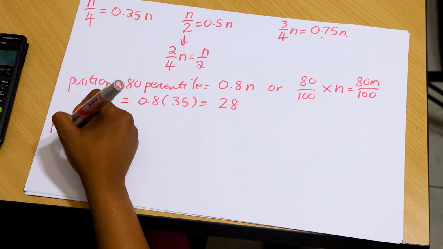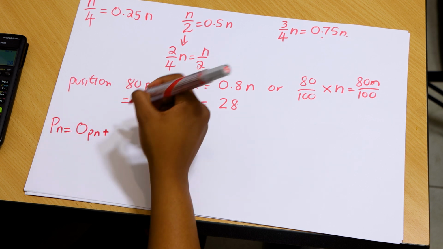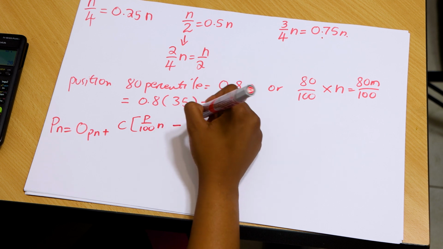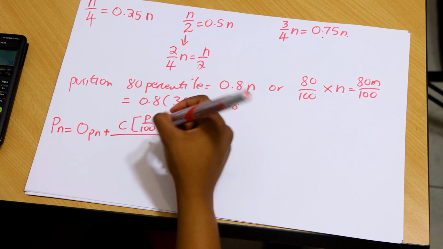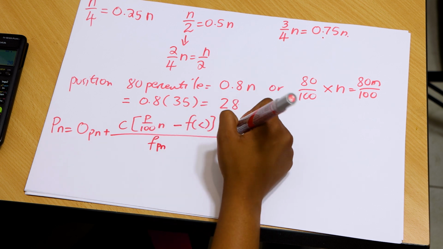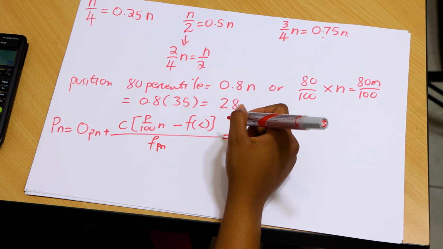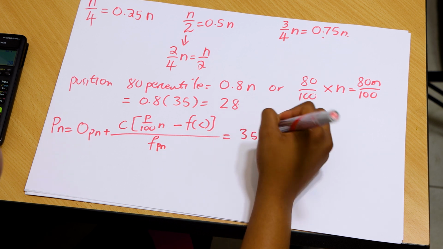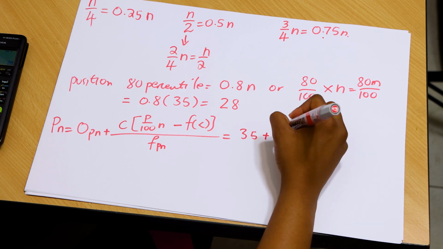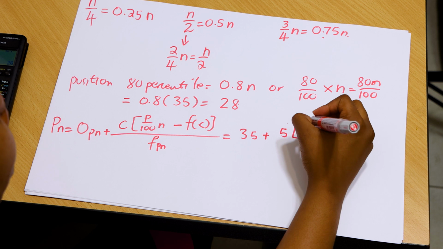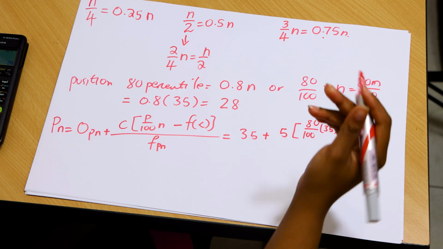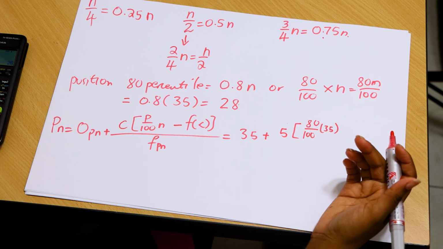So, Pn equals the lower limit plus C times (P over 100 times n, minus the cumulative frequency before) divided by the frequency in there. Here the lower limit is 35 because we said it's between 35 and 40. So it's 35 plus C, which is the same, 5. Then it's 80 over 100 times 35, or you can write 0.8 times 35, however you prefer.